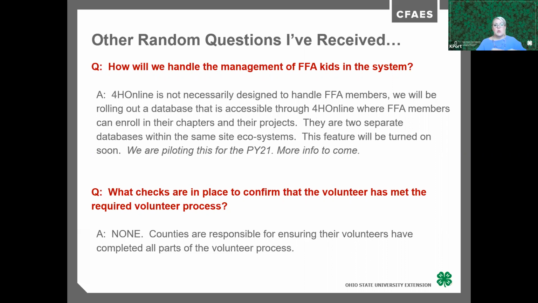But there's not an actual 1.50 module that they're going to be completing within the database. So aside from that, there are no other trainings, save for quality assurance, that are going to be in 2.0.